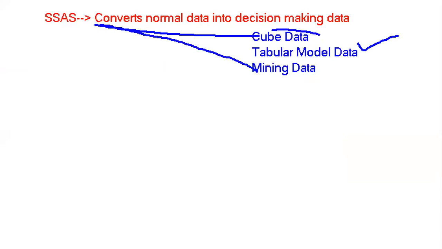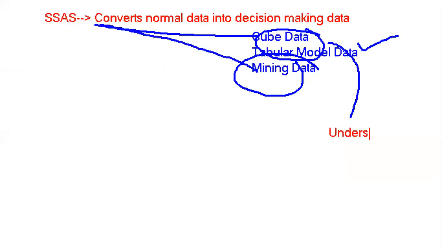Then how is each helpful? Cubes are helpful to understand current, see the terminology, current nobody can analyze, only understand, and past analysis. If you want to understand current and analyze past, then go for cubes.